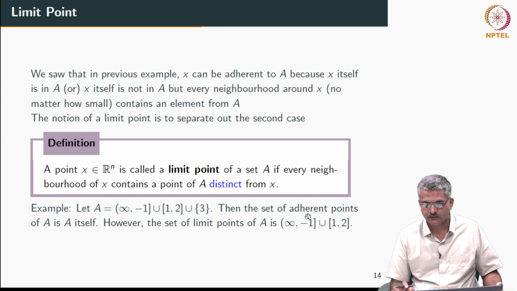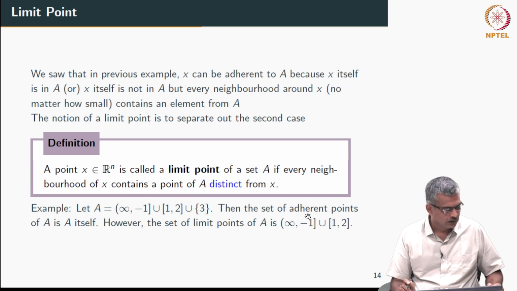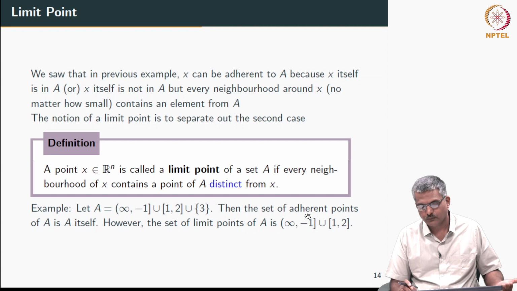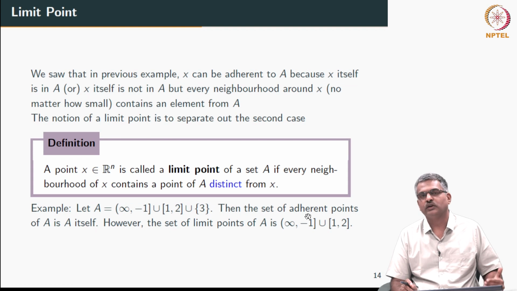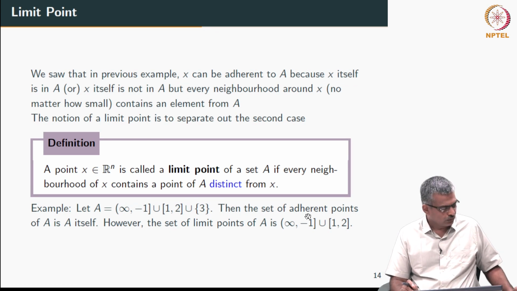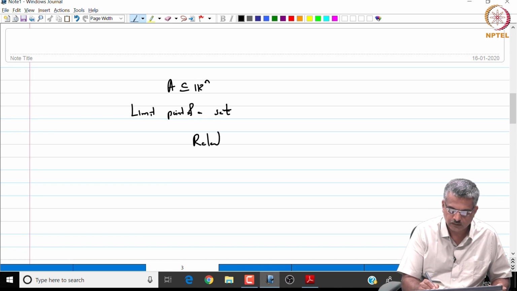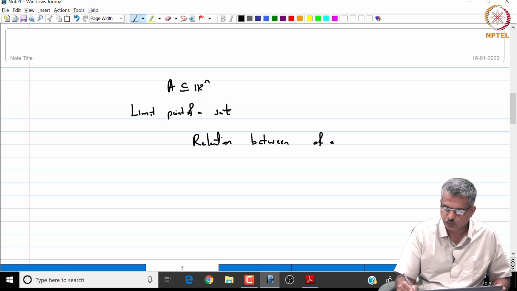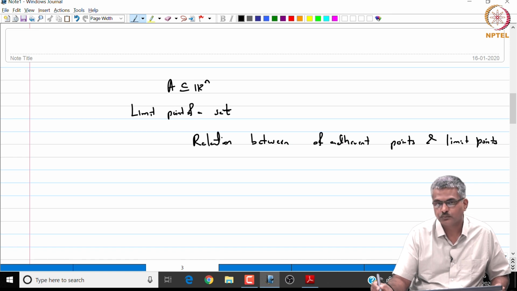So, here is an example which illustrates the difference between the notion of adherent points and limit points. Again, one can characterize the closed set: a set A is said to be closed if it contains all its limit points. What is the relation between the set of adherent points and limit points, sometimes also called accumulation points?